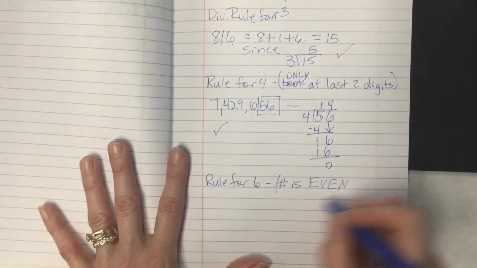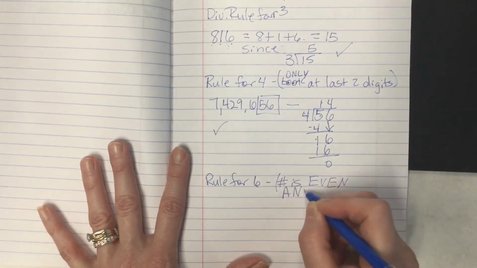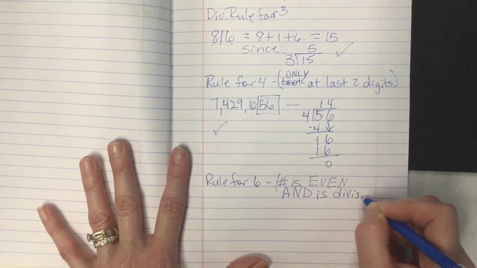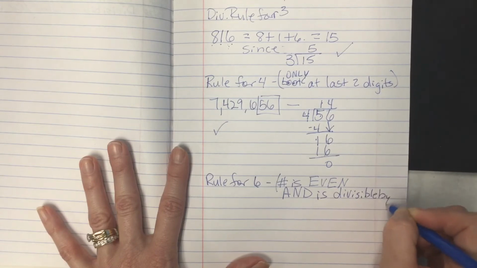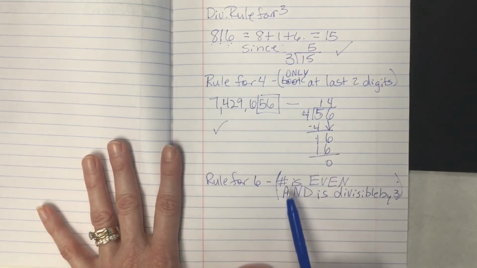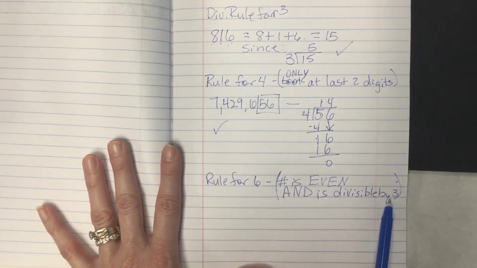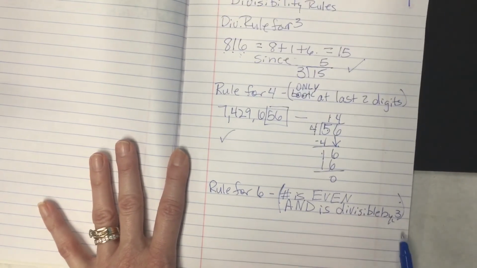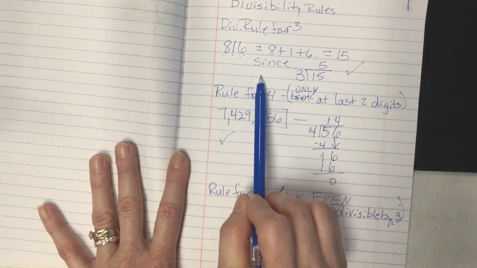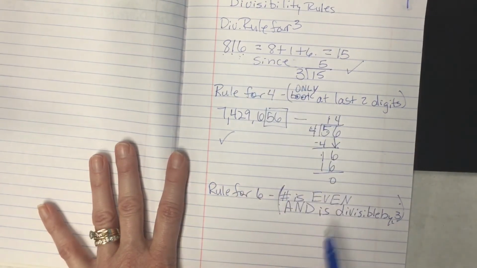So the number is even and is divisible by 3. So if it's an even number that's divisible by 3, then it is also divisible by 6. So we're going to go back up here to this rule for 3 and use that again.